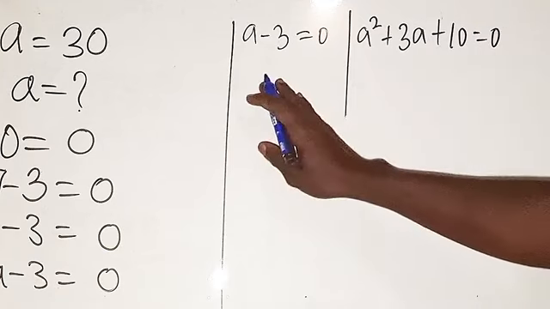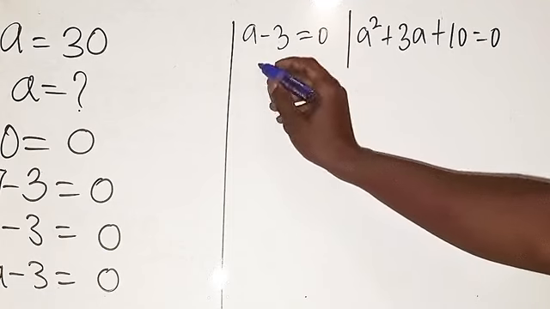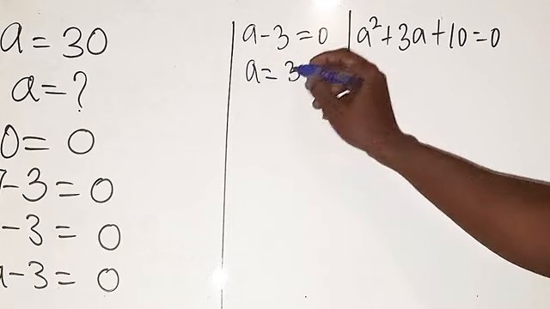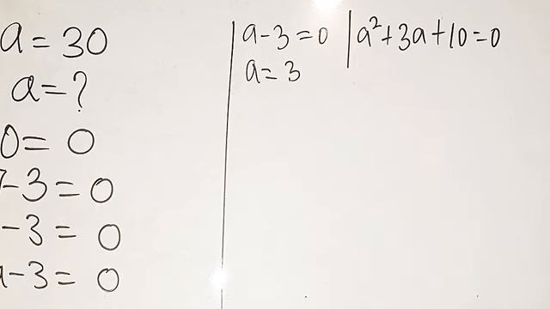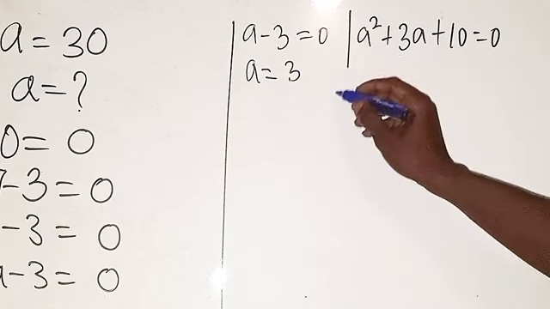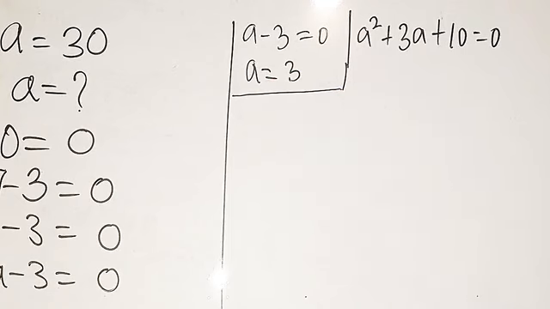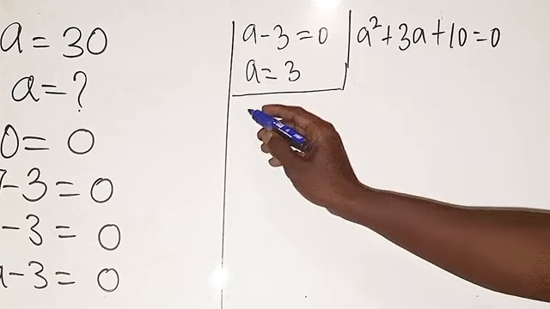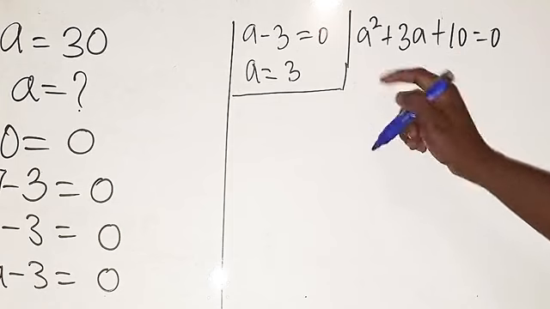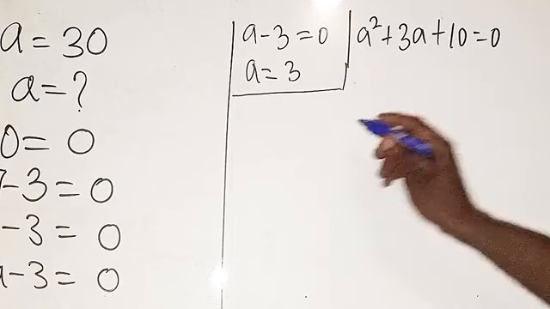So from there, we're going to have a equals 3 if this is transposed to the right hand side. So now let's say we have that here in the box, okay? So now for this, we're going to have a squared plus 3a plus 10.